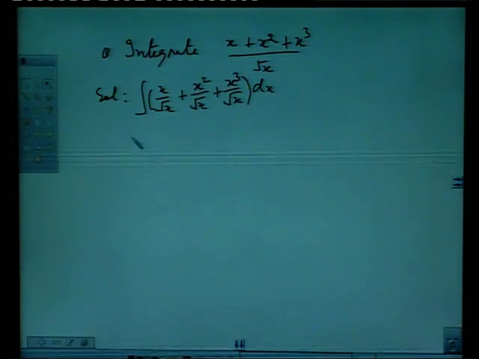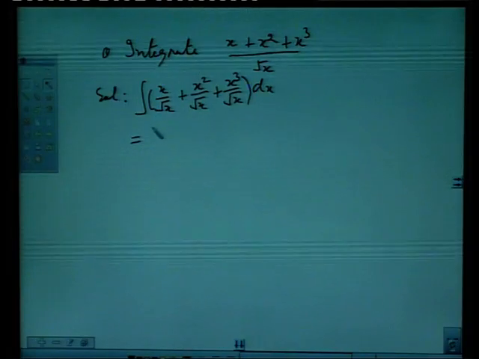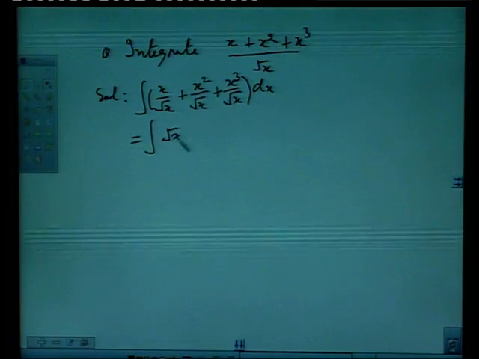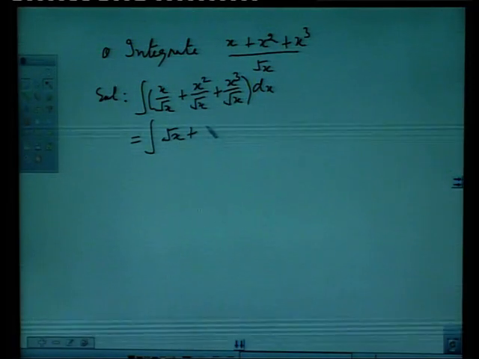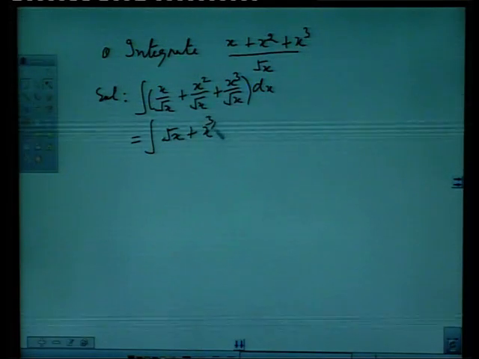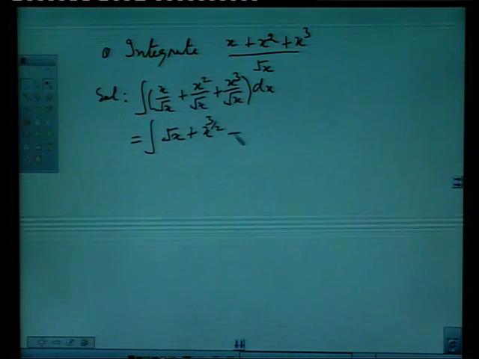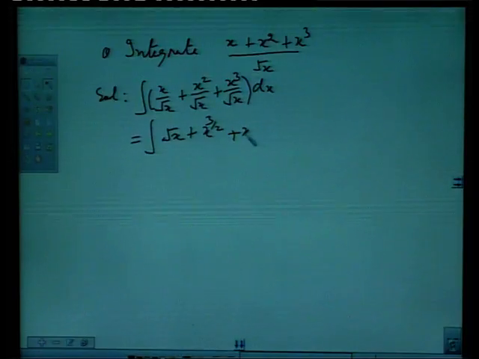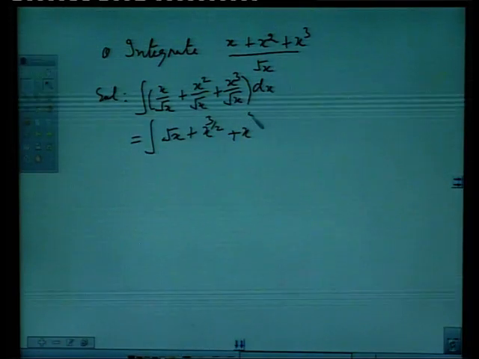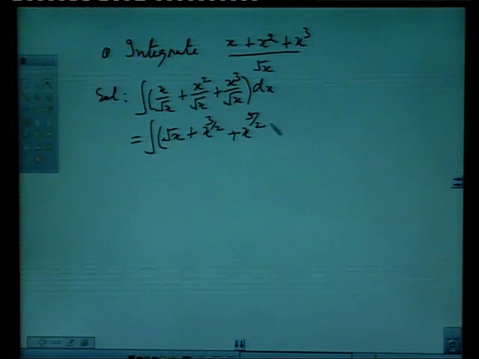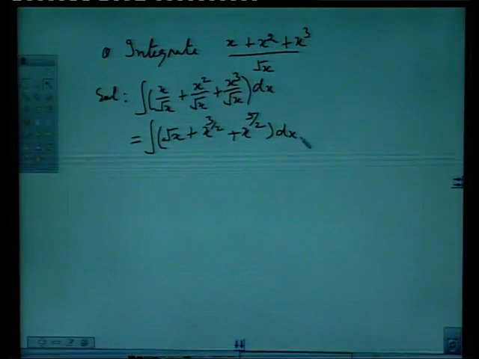Now it becomes simple integration, it becomes under root x, it becomes x raised to power 3 upon 2, this becomes x raised to power 5 upon 2. So, all the terms come in the form of power formula.